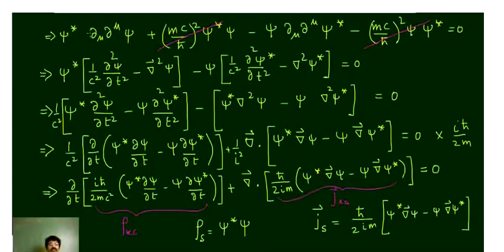So this is del rho Klein Gordon del t plus del dot j Klein Gordon is equal to 0. This equation is called the charge conservation.